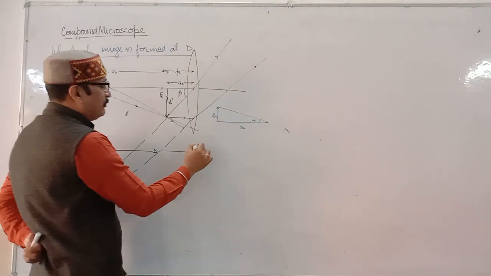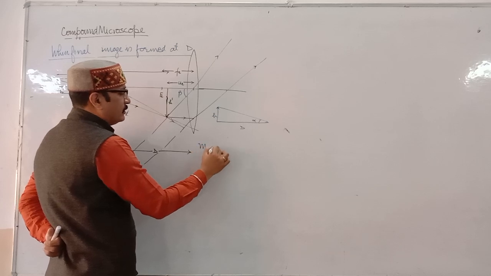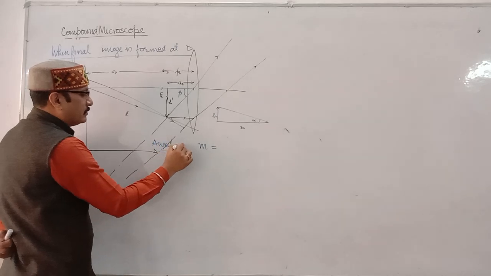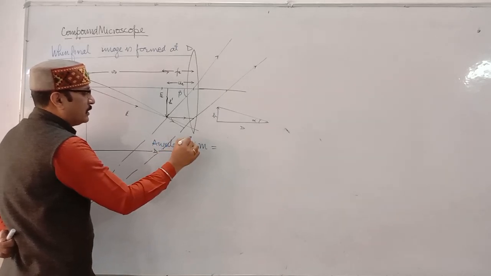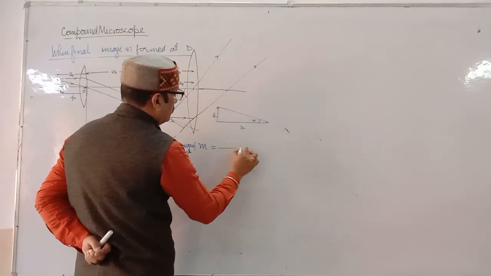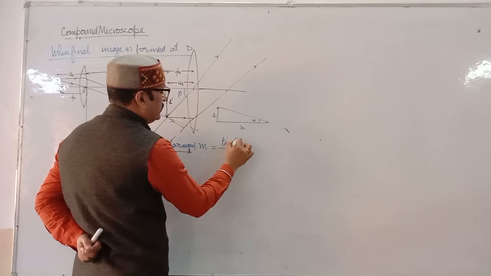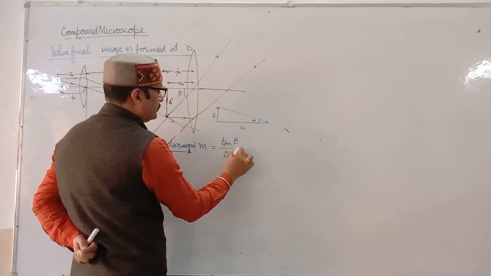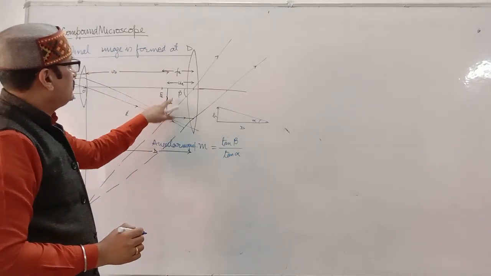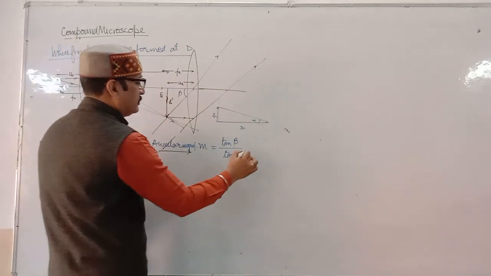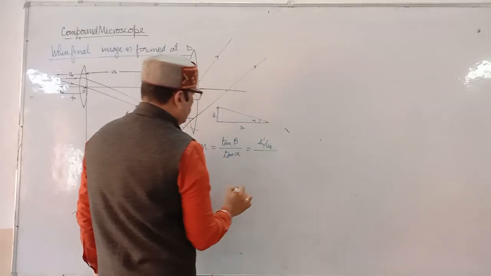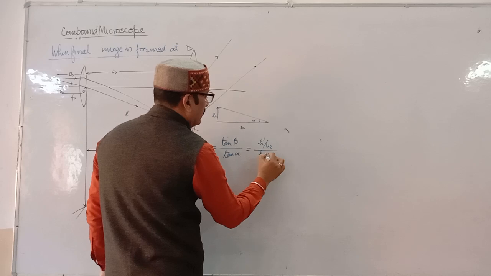For the magnification, this is angular magnification, m, and this will be given as tangent beta upon tangent alpha. What is the value of tangent beta? Tangent beta is equal to h' upon u(e), and tangent alpha is h upon d.